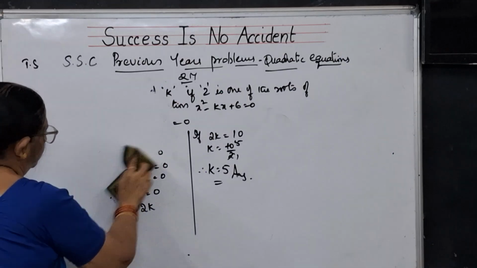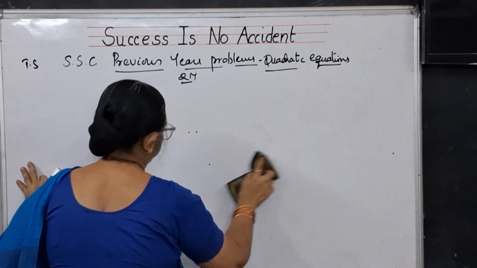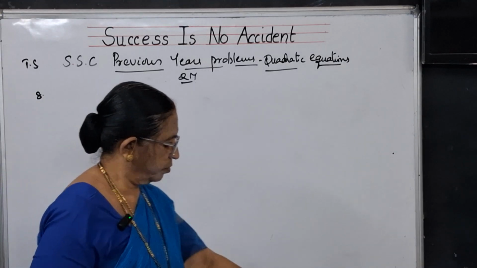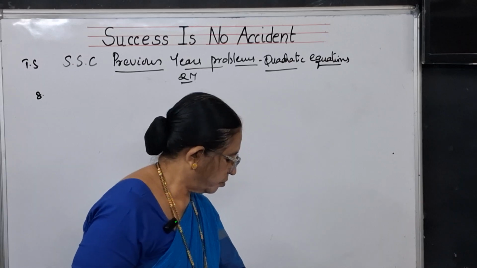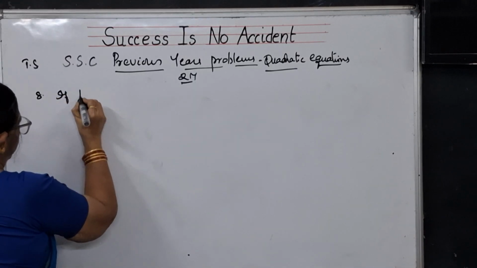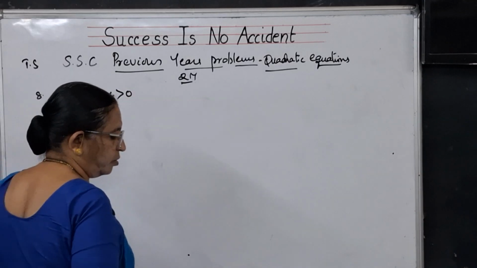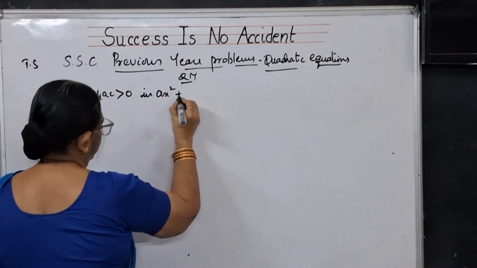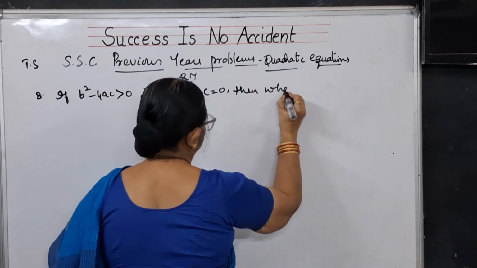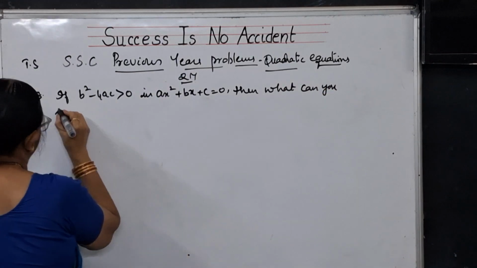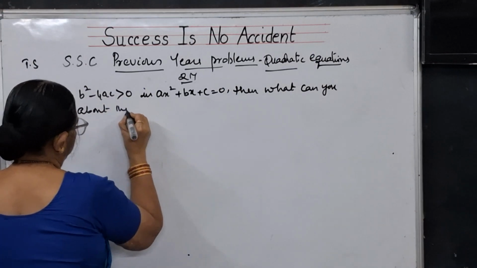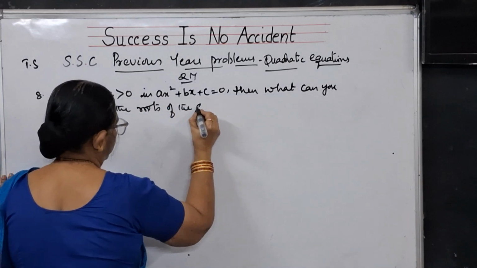Now, let us go to the 8th sum. If b square minus 4ac is greater than 0 in ax square plus bx plus c is equal to 0, then what can you say about the roots of the equation?